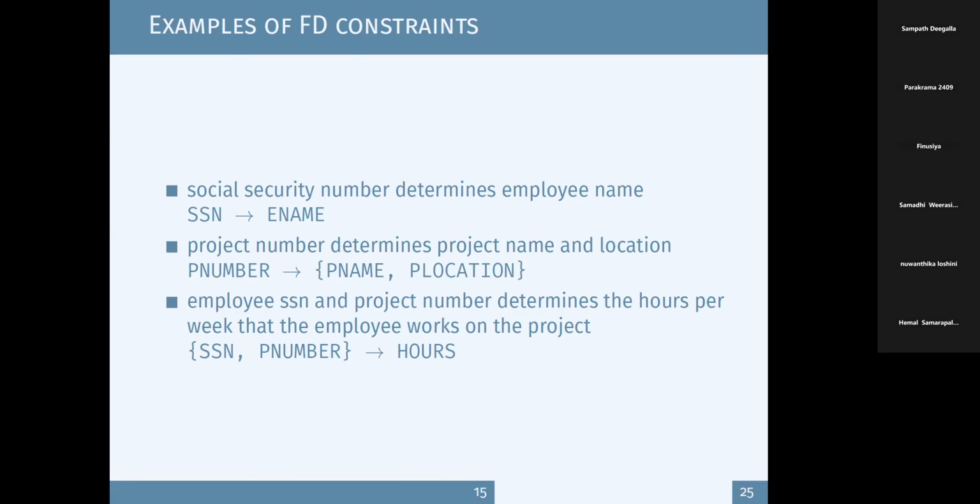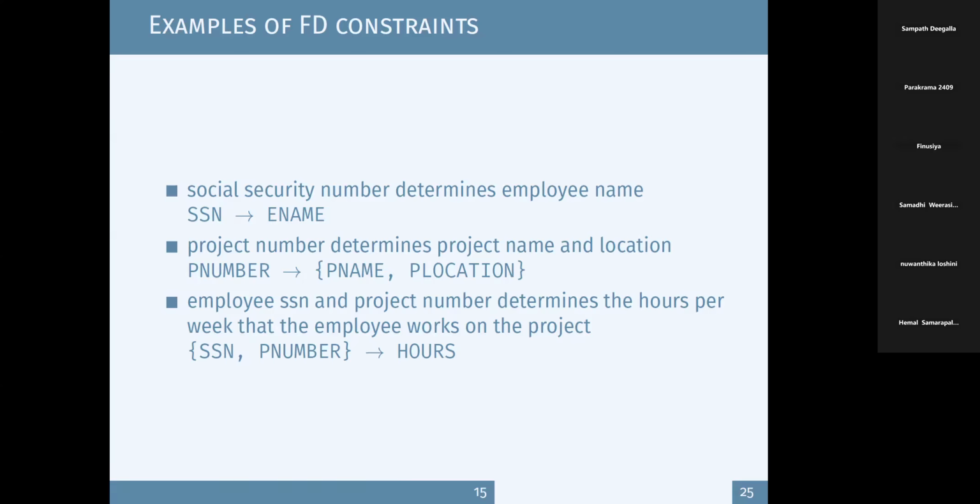Now, some examples. Using the social security number, which is like our national ID card, you can determine a particular person's name because it's unique. Similarly, using the project number, you can determine the project name and project location.